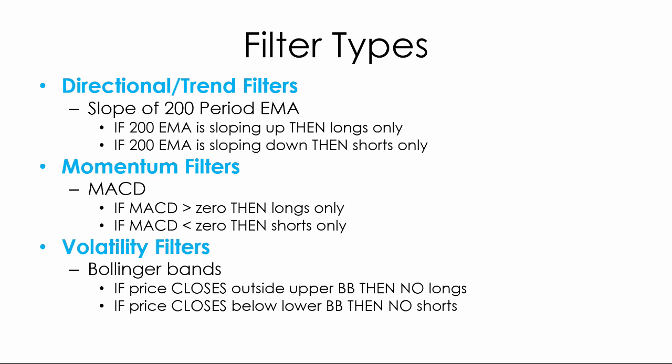So when price moves outside of those bands, that means you've had a large directional move. So you could say if price closes above the upper Bollinger Band, then no longs, because maybe the move is overextended. If it closes below the lower Bollinger Band, you could say no shorts, because that move could be overextended.